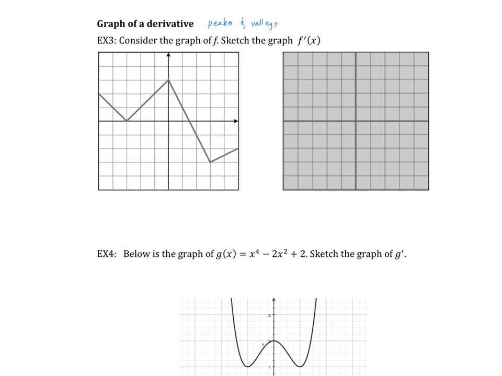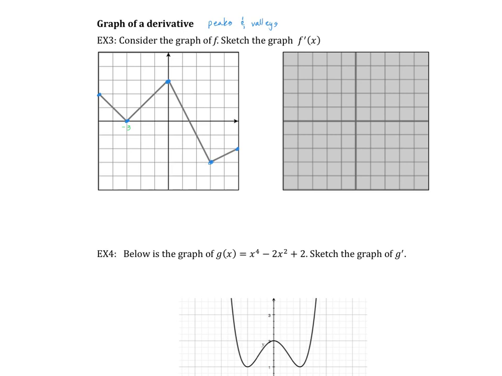So when I look at example 3, I have this graph. And I notice that there's some peaks, some valleys, some peaks, some valleys, and then I'm looking at the endpoints as well. And now let's look in between these points. So let's see, what is this? 1, 2, -3.